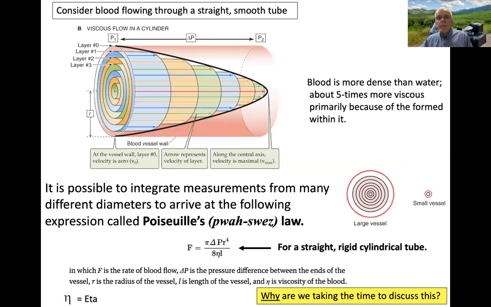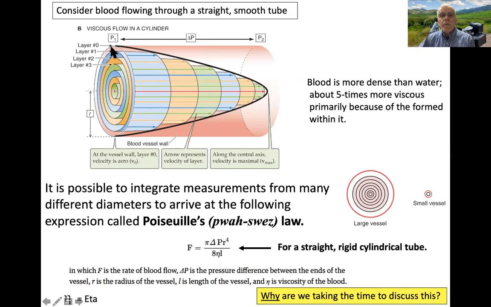All right. Now, don't panic. I'm only showing this cartoon for illustrative purposes. I don't expect you to memorize layers and all this other stuff. What I wanted to show you is that in an idealized, straight tube, fluid, whether it's water or blood, tends to flow in a laminar type fashion. Laminar just means layers, laminations, like you've got a laminated floor.